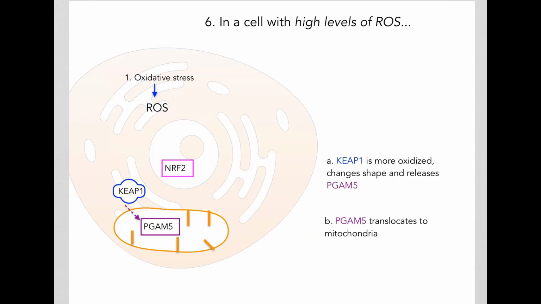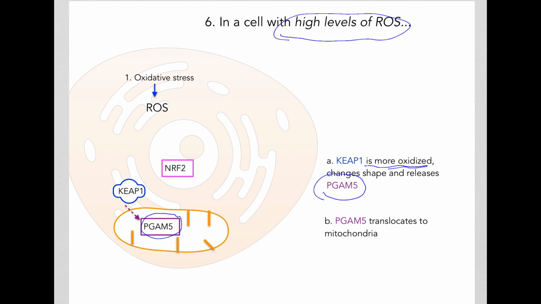Now, in a cell with very high levels of ROS, now the KEAP1 is even more oxidized. Its cysteine residues more and more get oxidized. It changes shape more drastically, and now it releases this PGAM5. So PGAM5 is now released from KEAP1.